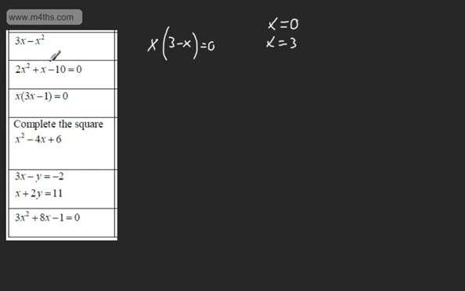Okay, this one, another quadratic. This will factor. Well, it looks like it's going to factor. 2 times minus 10 is going to give me minus 20. I need 2 numbers to add to give 1, and they're going to be plus 5 and minus 4. So I can write 2x, and this is a long form, plus 5, and then 2x minus 4 is equal to 0.